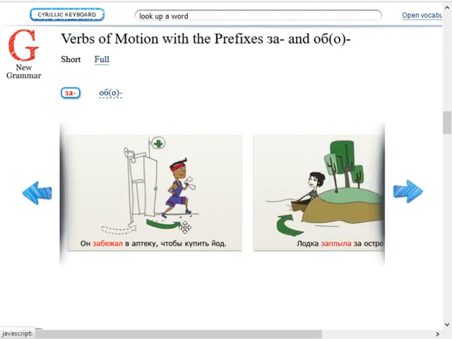Here it's more clear. Он забежал в аптеку, чтобы купить йод. So he ran in, not literally inside, but he stopped in. He забежал, he made a quick stop at the apothecary or drugstore while running to buy йод.